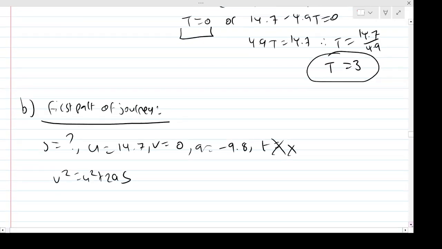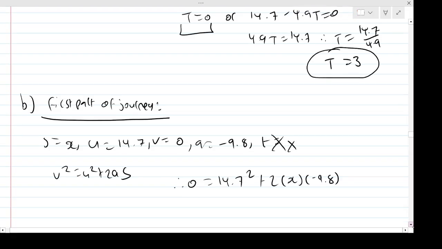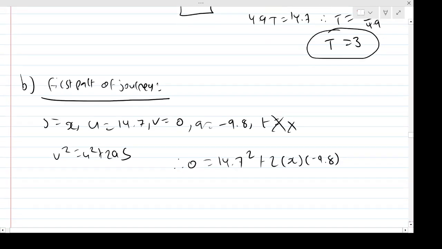So therefore 0 is going to be 14.7 squared plus two lots of s, which I'm going to call x, times minus 9.8. Then if I simplify, I get 0 equals 14.7 squared, which is 216.09, minus 19.6x.